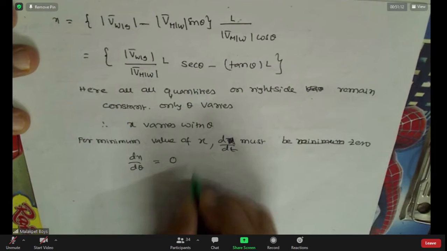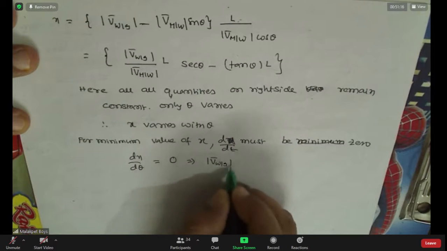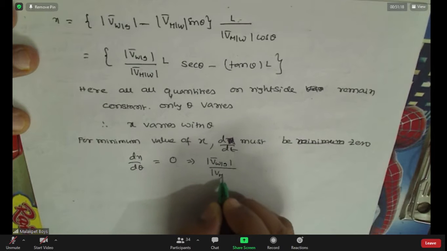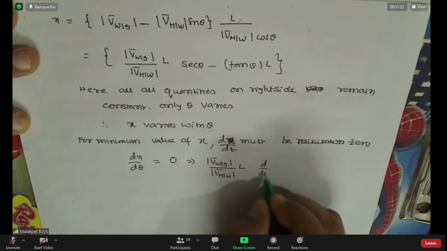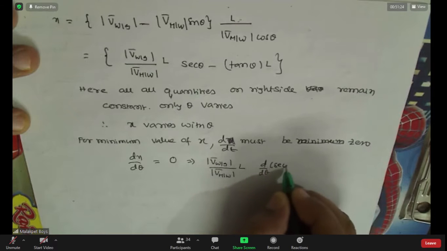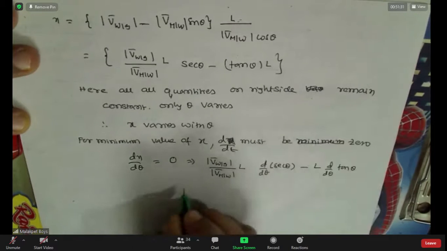Remember that or not? At the time when I told you there is mathematics, we require this. Minus L into, L is a constant now, I can remove it from this now. So it is 0.